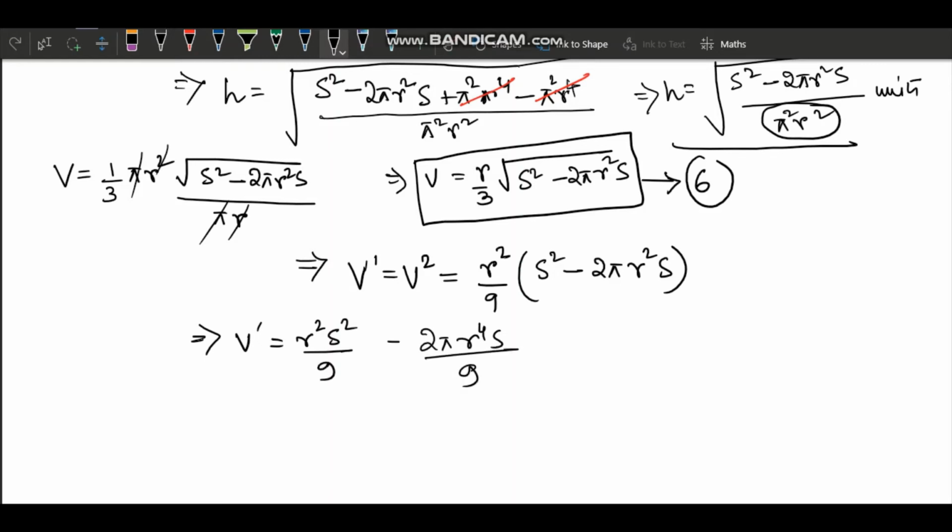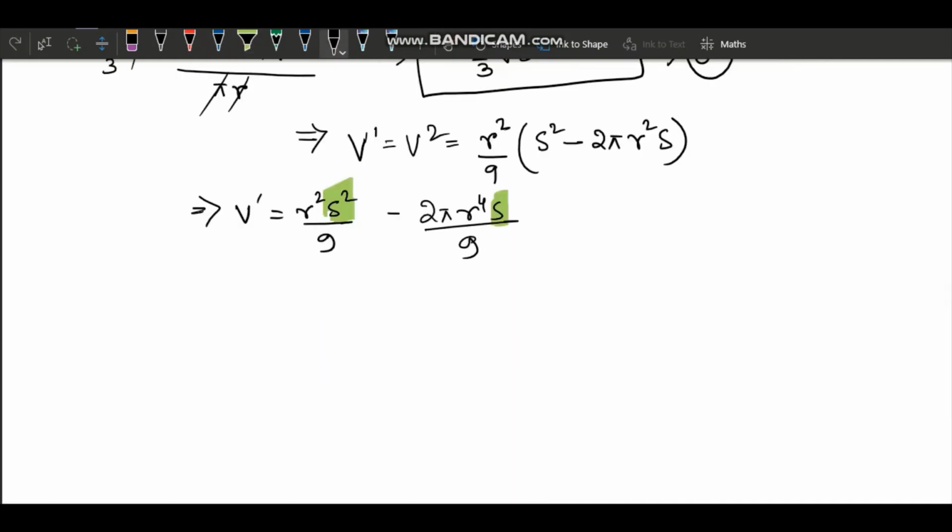Like I told you, v dashed is also an expression entirely in terms of r, because this s is given to us. This s is fixed. This is not changing. Now, maximum value of v implies maximum value of v square as well.